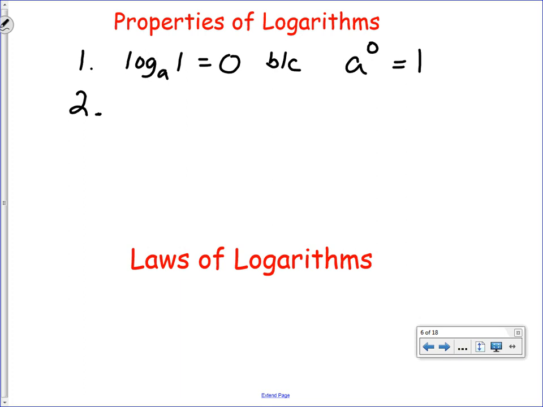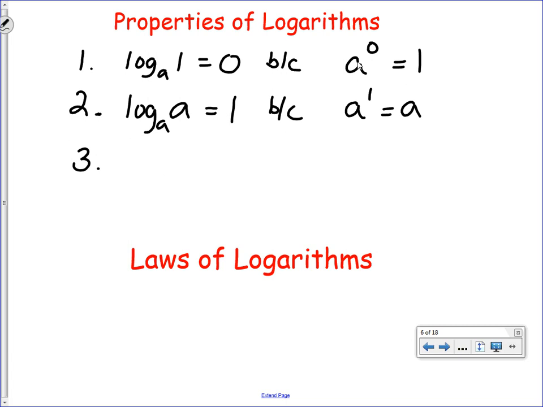All right, our second property is, let's say you have log base a of a. Well, that would always equal 1 because a to the first power would equal itself. Now, remember that these are inverses.